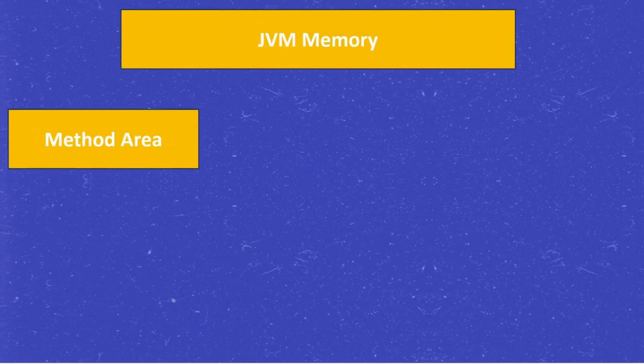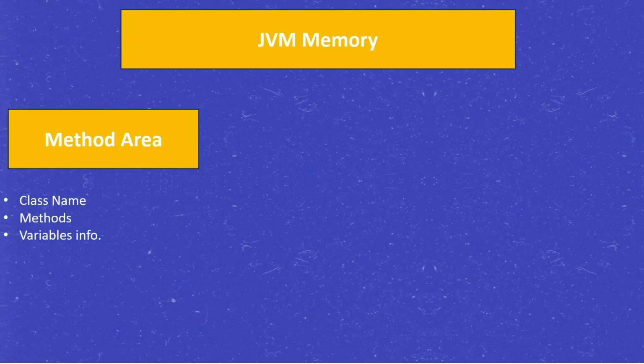Now, let us understand about JVM memory. Inside JVM memory, the first memory is the method area. In the method area, what will be stored? Class name, which we have seen how to access using the dot getClass method of the Object class. Then we have method information and all types of variable information.